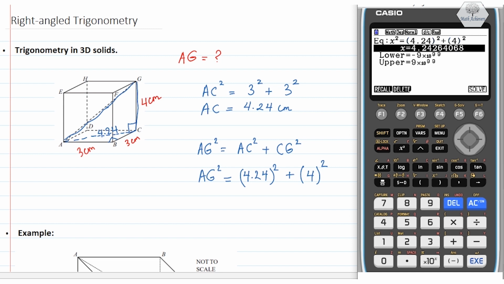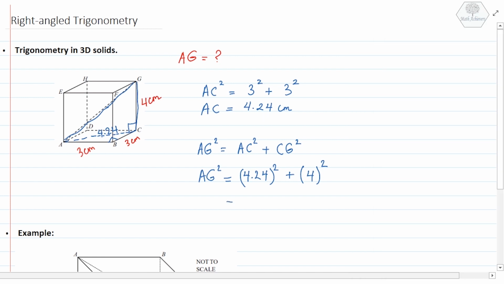And execute. So the length of AG would be 5.83 centimeters, rounded to 3 significant figures. So this is equal to 5.83 centimeters, rounded to 3 significant figures.